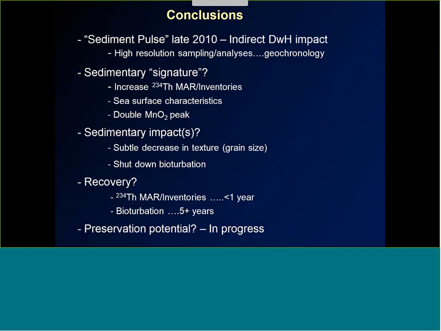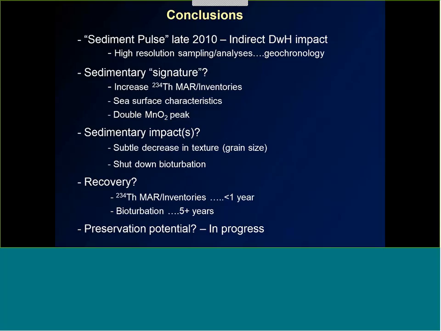All right, so quickly, in conclusion, a sediment pulse was detected in late 2010, which was likely a direct or indirect impact from the DWH event. We required high-resolution sampling and analysis, and especially the geochronology, to detect this.